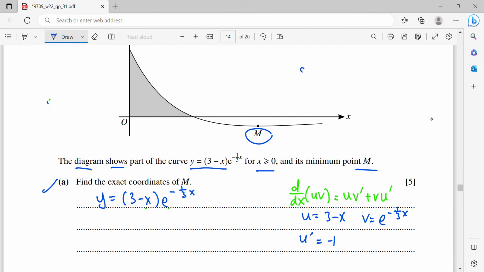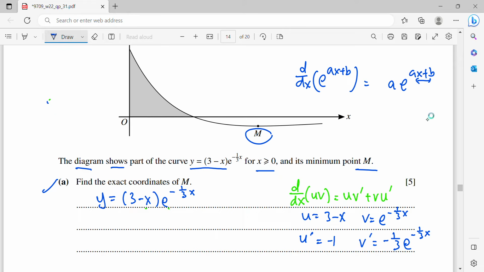To differentiate the exponential function, you need to rewrite and then differentiate the power of e. So when differentiating ax plus b, it's going to be a. So now my v prime, differentiate negative 1 over 3x, is negative 1 over 3. Then rewrite the whole exponential function.